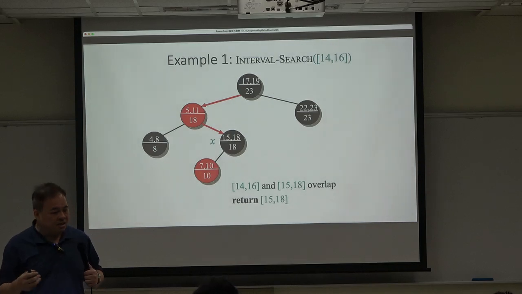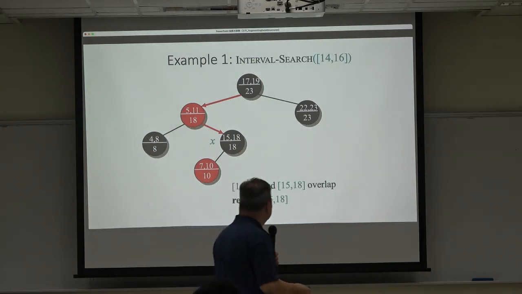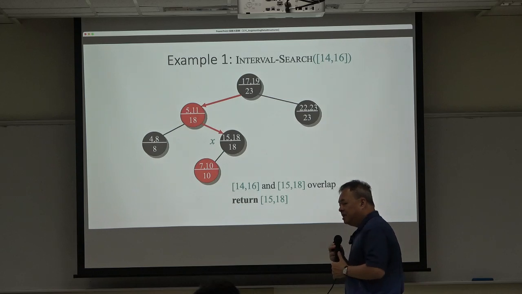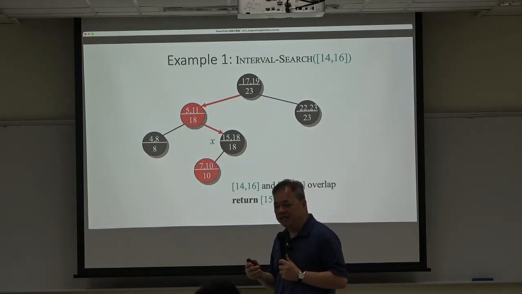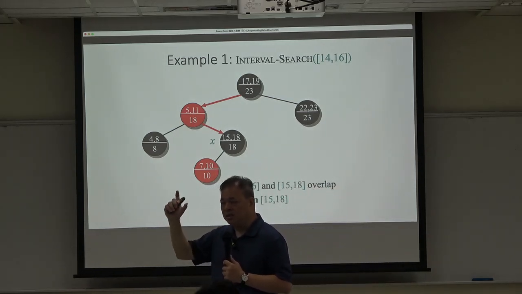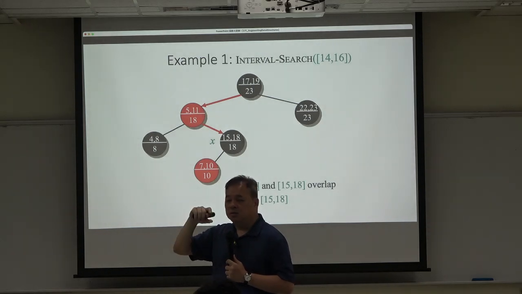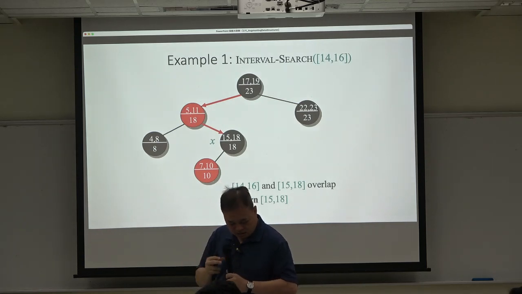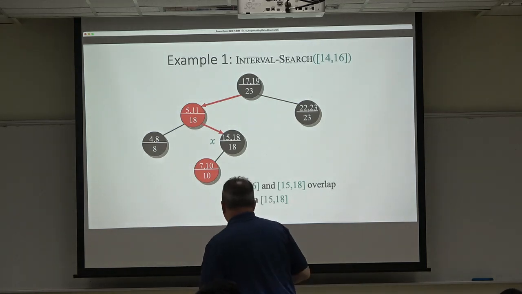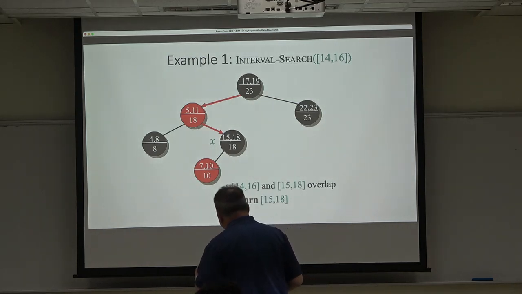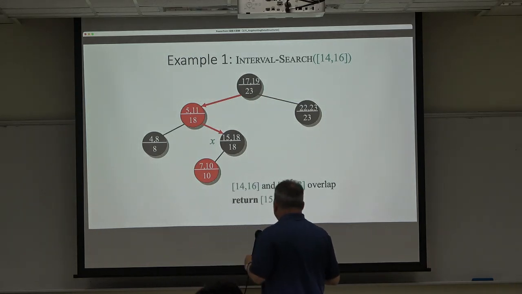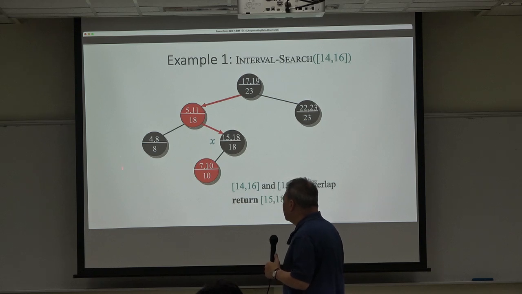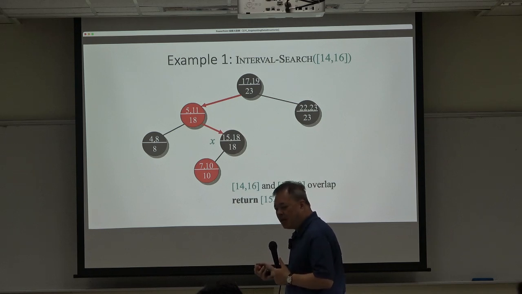Okay, so basically, this is how we get this job done with that additional information stored at each node, that n value. And this code allowed us to find one overlapping interval, right?